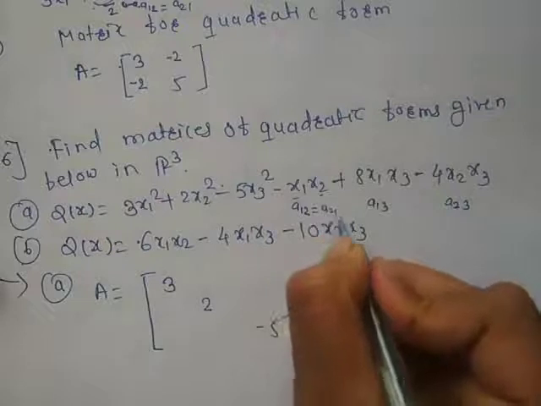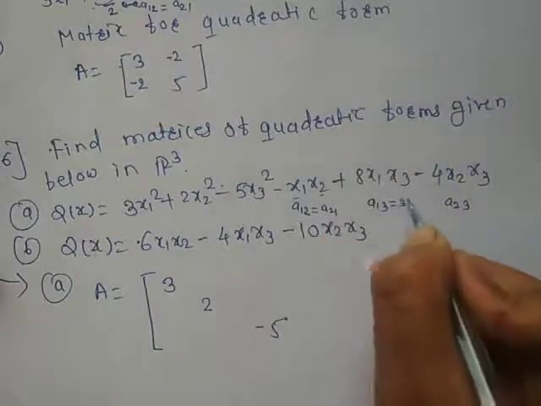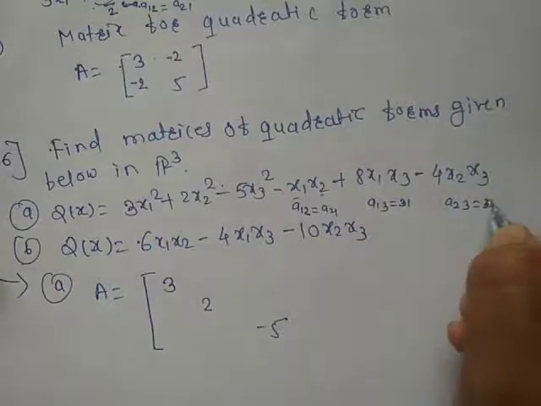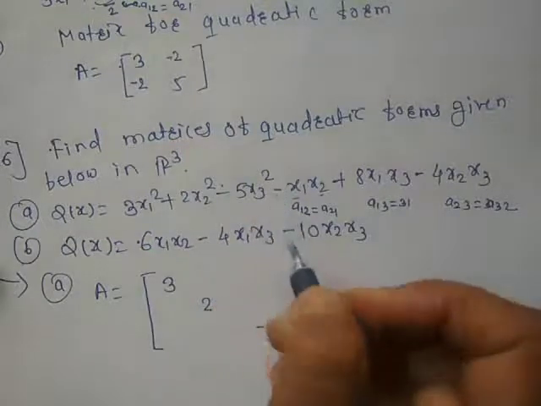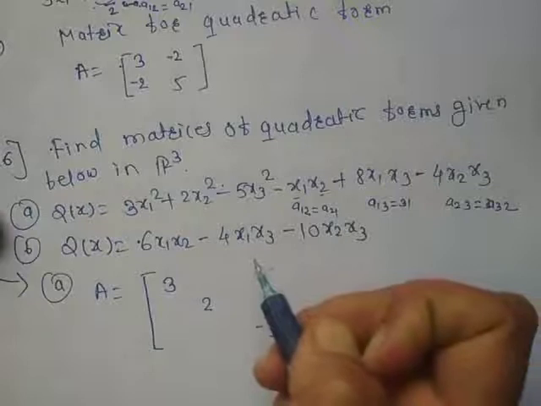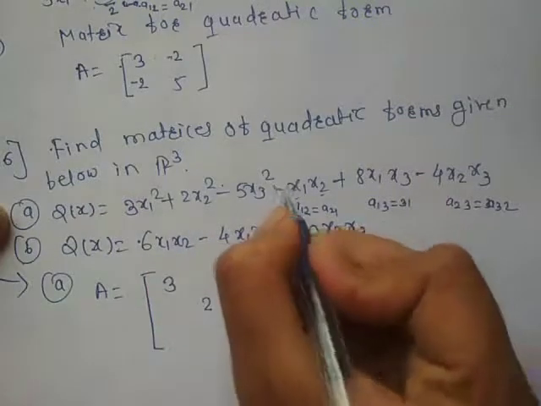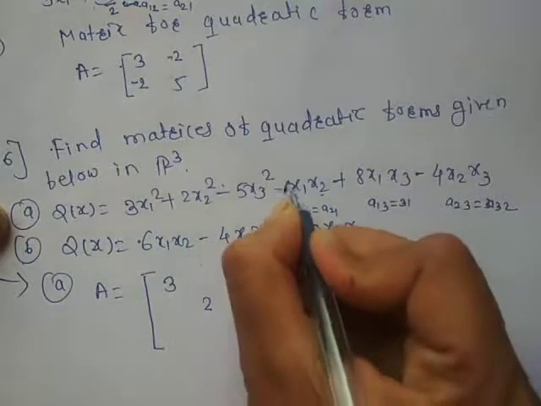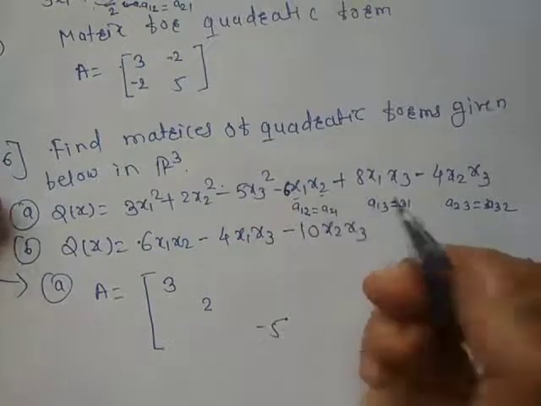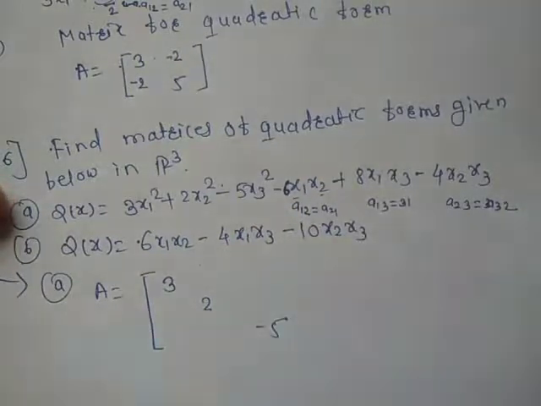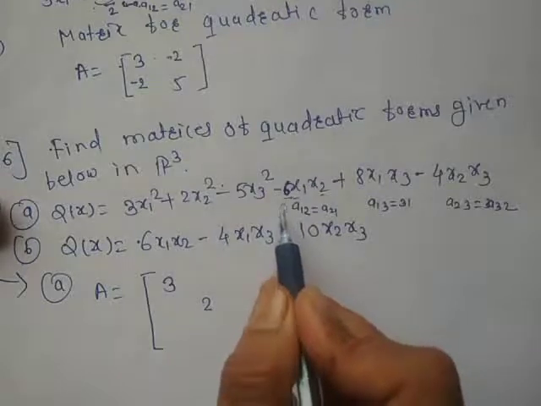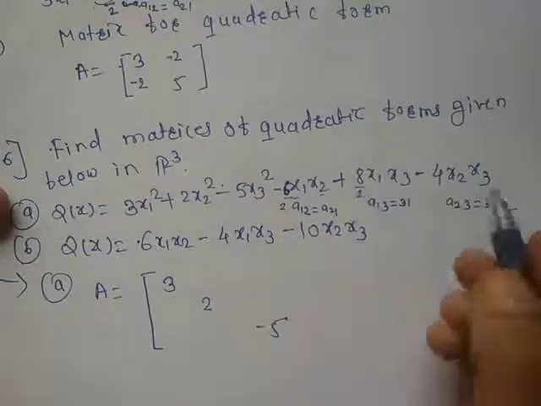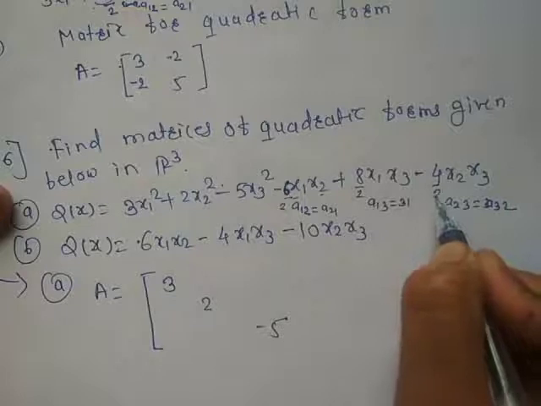Actually this is A21, A31, A32. Here the coefficient is -6, so divide -6 by 2, divide 8 by 2 and divide 4 by 2.